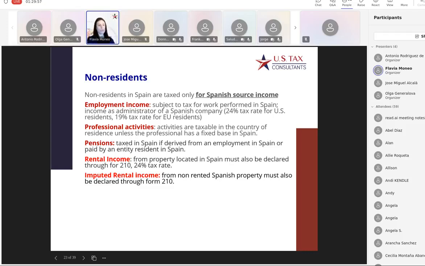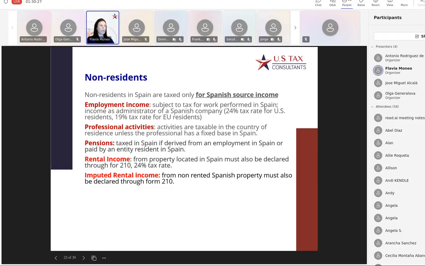Then pensions: people living abroad but who were working in Spain in the past, when they retire, also have to pay taxes here in Spain as non-residents because the pension is coming from Spain. What is probably going to happen is that you will already have a withholding on your pension. So again, nothing to do with the Spanish tax agency.